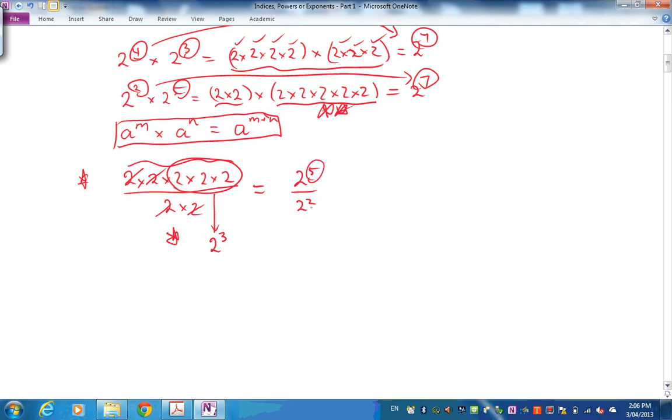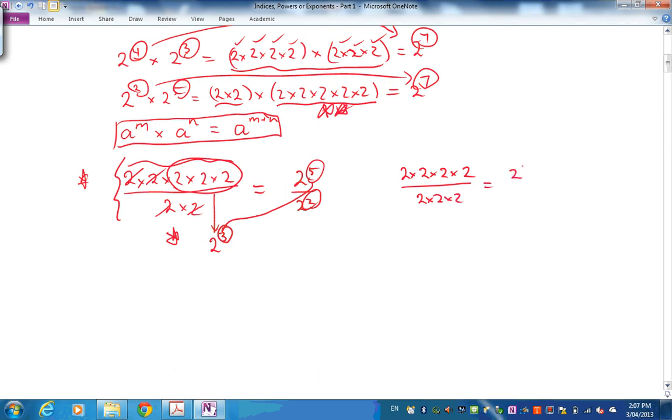Hey, could we have stayed in Powerland? We don't want to write all that out. Could we have gone from there straight to there? What do you reckon? What about another one? What about 2 to the 4th, done the old way, over 2 cubed?